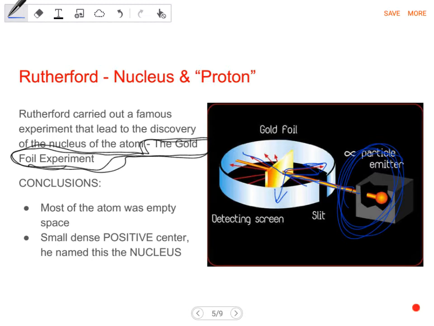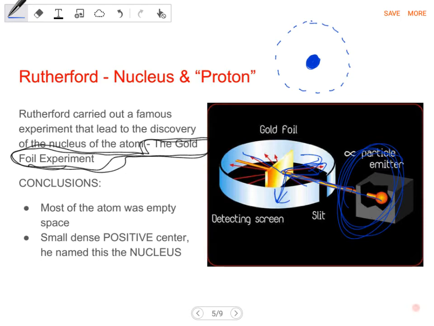So essentially what he's saying here is, let's just pretend here's the atom. Most of it's empty space, except in the middle. And in the middle, that must all be positive. Because if you think of it, if the alpha particle is coming through, that's a positive charge. When it hits the positive center, as we know, positive charges don't want to come together, so they would repel in various directions.